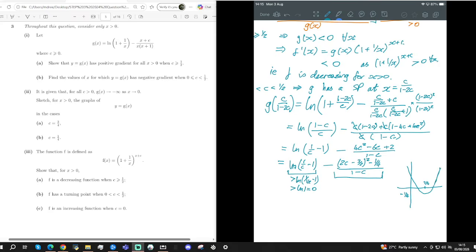So we need to know the solutions of this quadratic. So it'll equal, when I rearrange and square root, 2c minus 3/2 would be plus or minus a half. If it's positive a half, that's when c is 2. When it's negative a half, that'll become 1, that's a half.